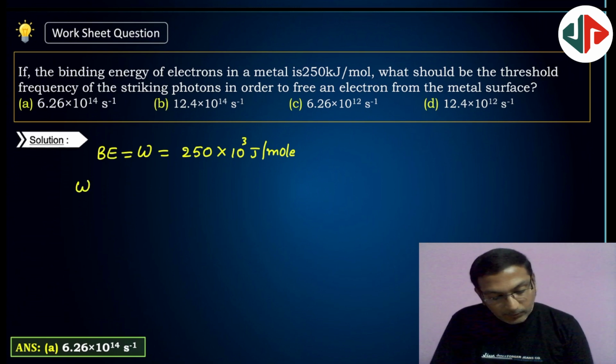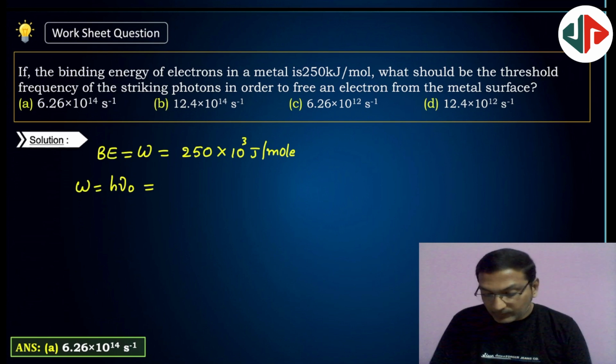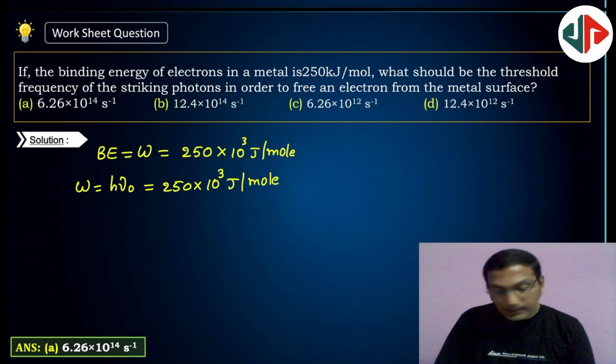Next, we know work function equals h nu naught. Work function or threshold energy is given as 250 into 10 cube joules per mole for 1 mole.